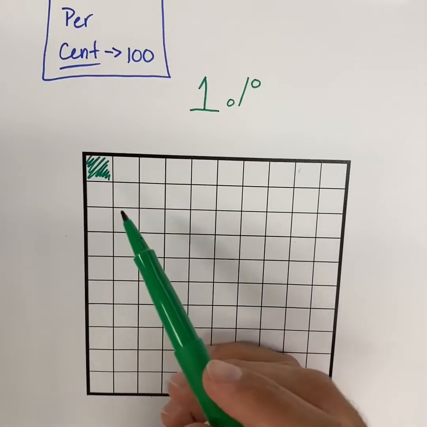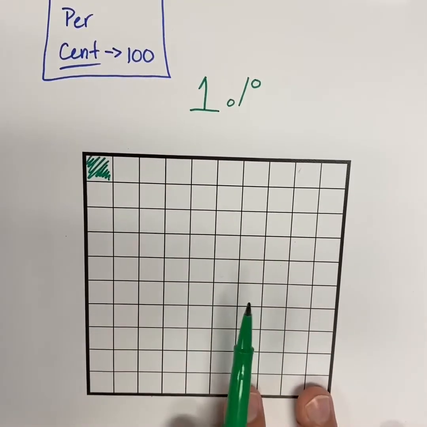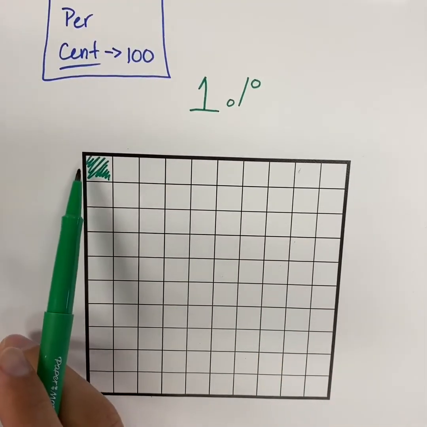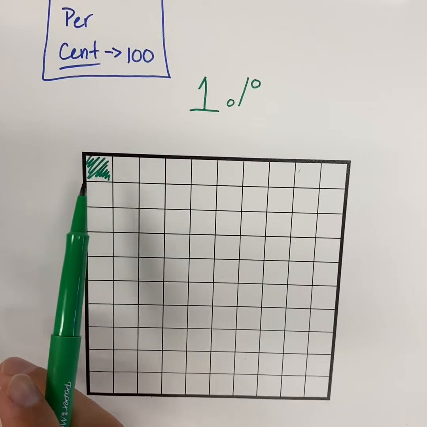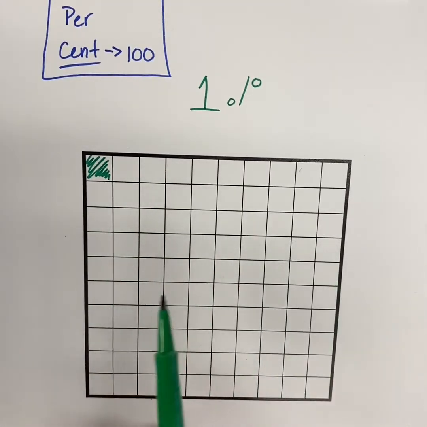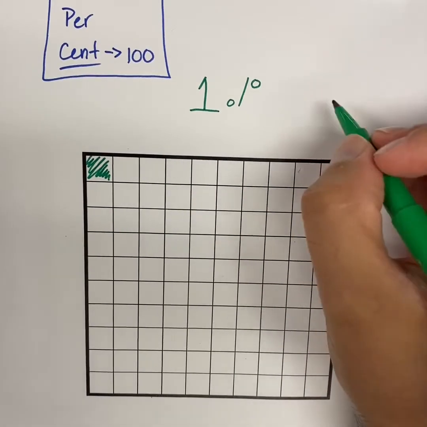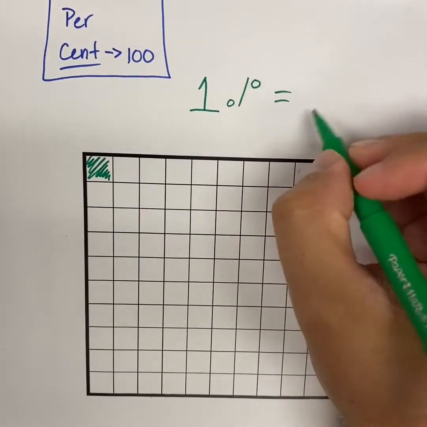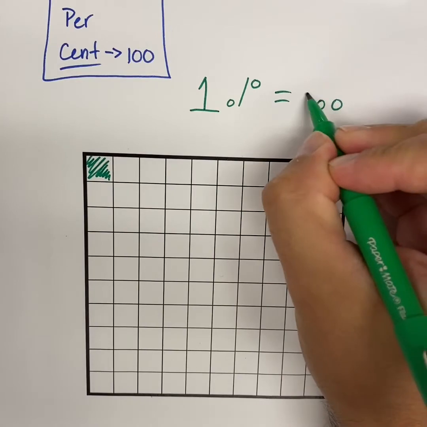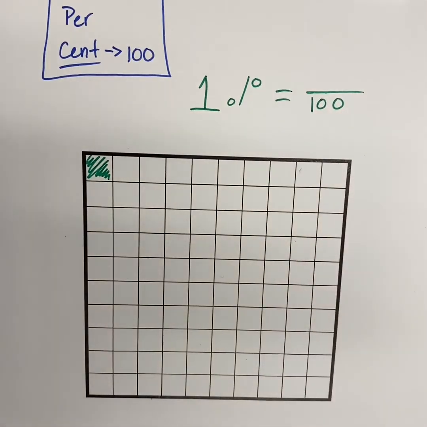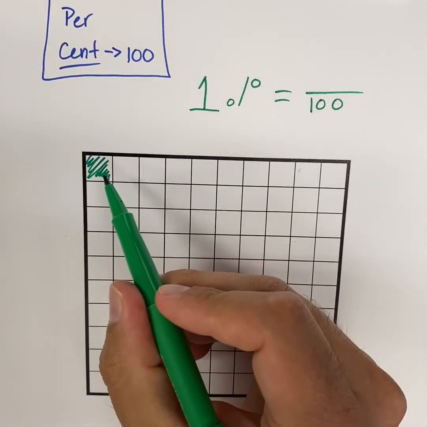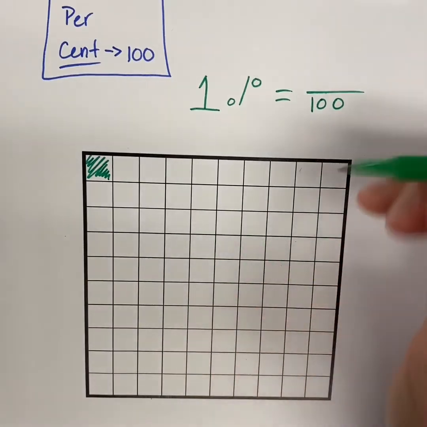Now, if we were to write a fraction that would represent the green shaded area right here, well, how many total squares are there? There are 100. That would be my denominator. So 1% is actually equal to, remember, out of 100. And how many of them do we actually have? Well, we have 1 out of 100.